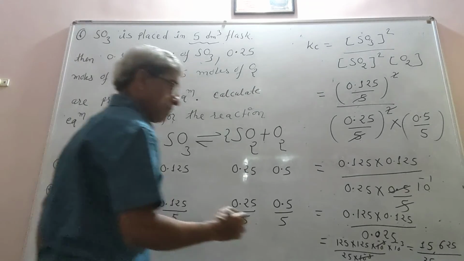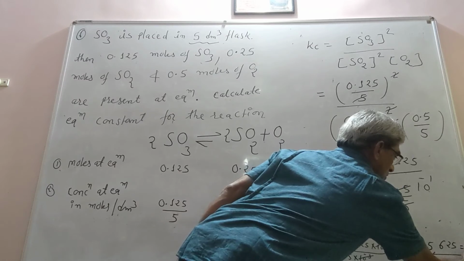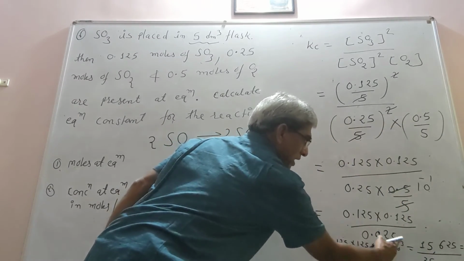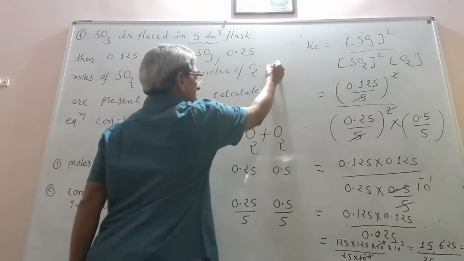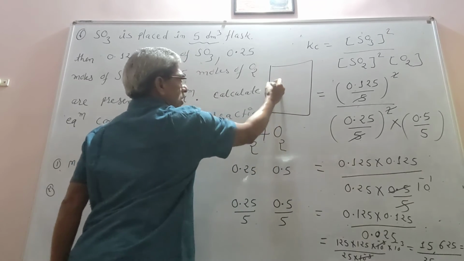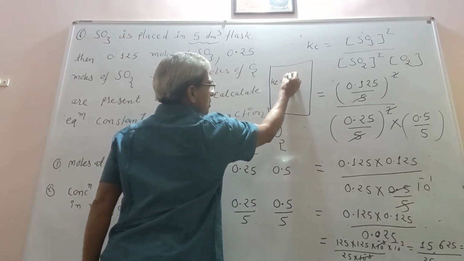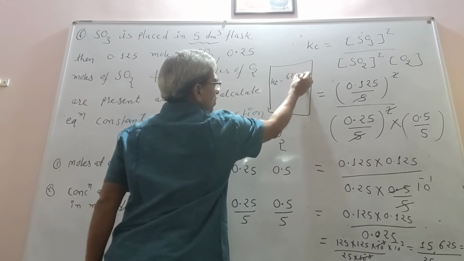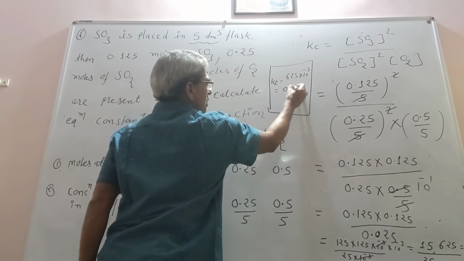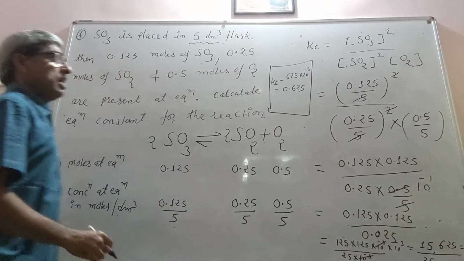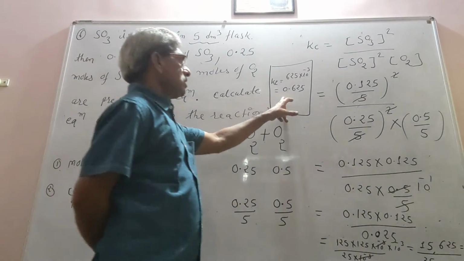Then it becomes 625. Then 10 raised to minus 3. Therefore, the answer becomes, I will write here answer, Kc equal to 625 into 10 raised to minus 3, that is nothing but 0.625. This is your final answer. Equilibrium constant equal to 0.625.